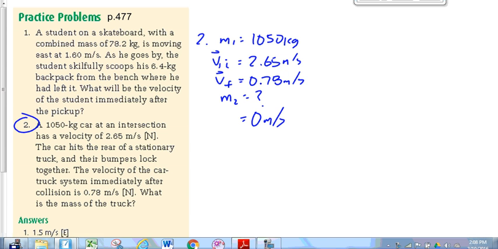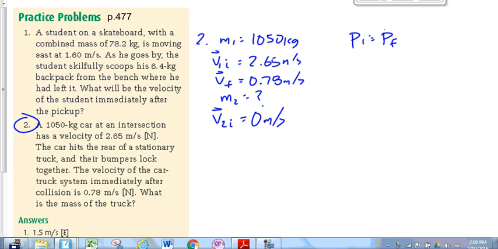It's going to be object number 2, the truck. Is it going to be V2I or V2F? Initial or final? Caitlin? Good. V2I is 0 meters per second. The truck is not moving before it's hit. The guy in the truck is the law-abiding citizen who's sitting at the stop sign waiting, and the other guy, the car, is the guy that runs into the back of him at a speed of 2.65 meters per second.